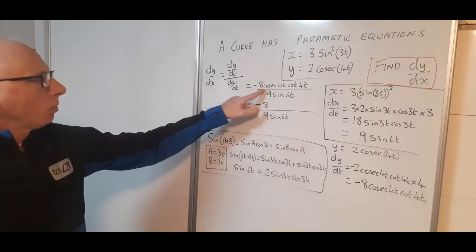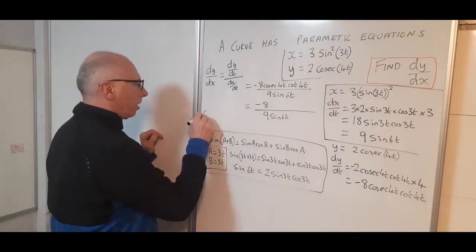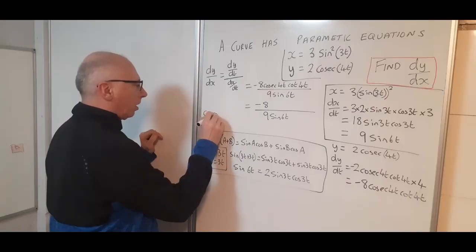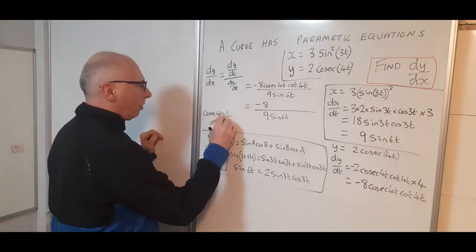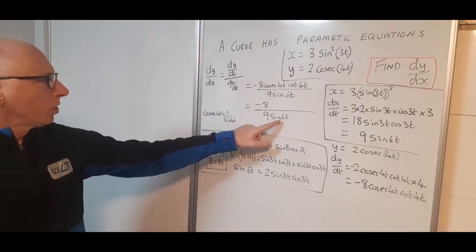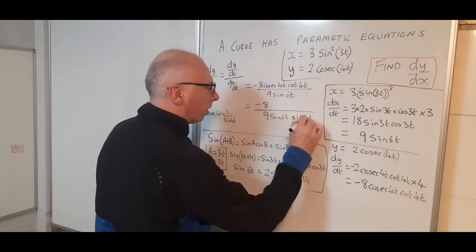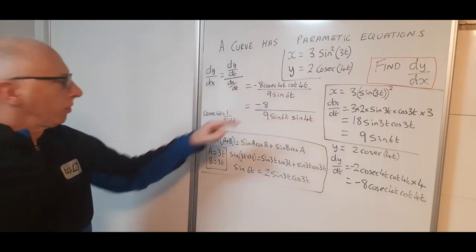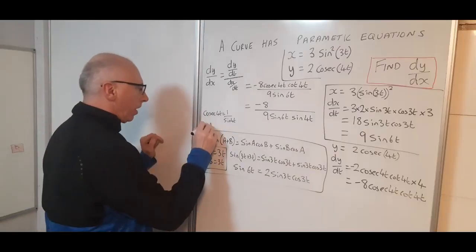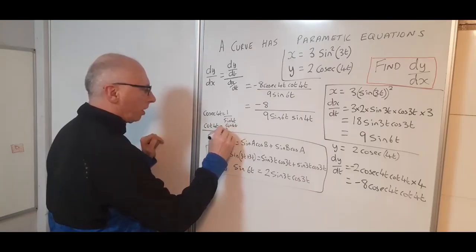Now cosec we know is 1 over sine. So cosec 4t is 1 over sine 4t. So if I've got cosec 4t there, I can put sine 4t in the denominator. And cotangent 4t equals cosine 4t over sine 4t.